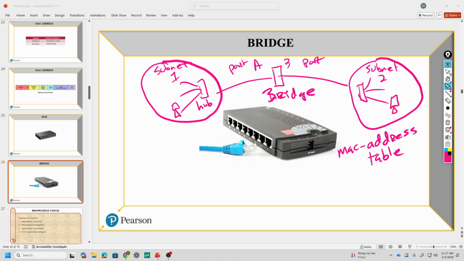And that MAC address table would learn all of the MAC addresses that were over here, and it would say those belong to port B. And it would learn all the MAC addresses over here and say those belong to port A. So if I had a communication coming from over here and it gets to here, the bridge will look at it, it will check its MAC address table and go, oh, that belongs to go out port A. And it will send it out port A. And you got to remember, because these devices don't have any real direction, so any communication, even if it was meant to go inside of here, it will also still send, right, a communication that way. So the bridge helped momentarily.